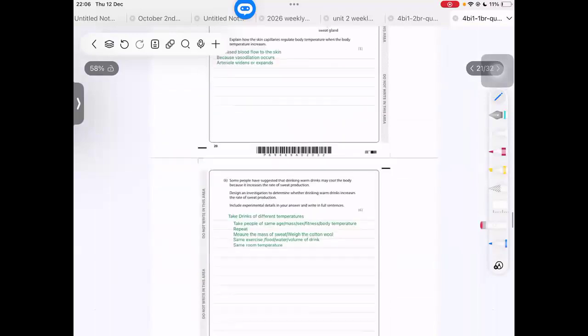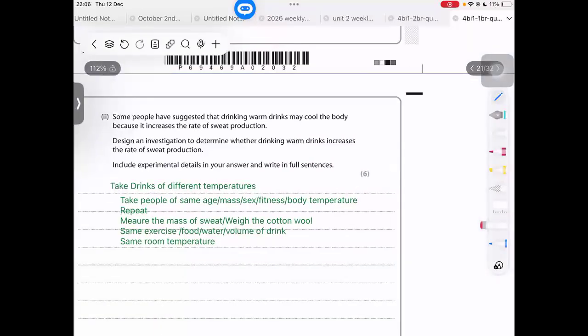Yeah. Here they have asked, some people have suggested that drinking warm drinks may cool the body because it increases the rate of sweat production. They have asked us to include the experimental details in your answer and write in full sentences to design an investigation to determine whether when we drink warm water, it increases our rate of sweat production, right?